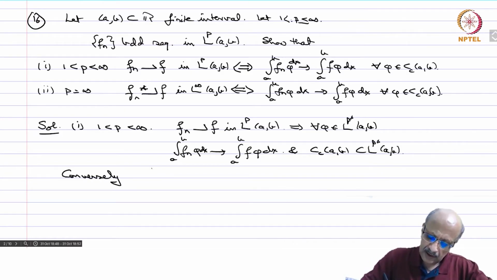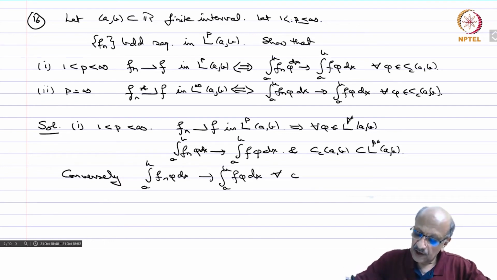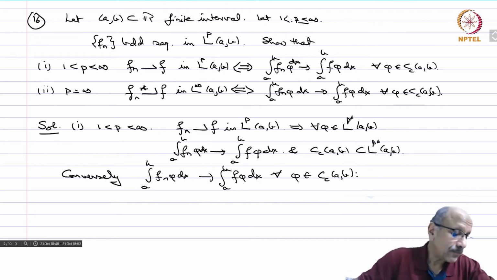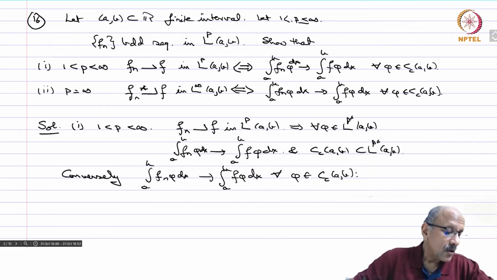Okay, and conversely, let the integral of f_n phi dx over (a, b) converge to the integral from a to b of f phi dx for every phi in C_c(a, b).